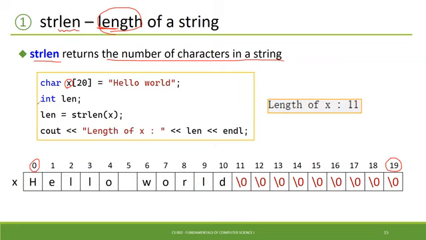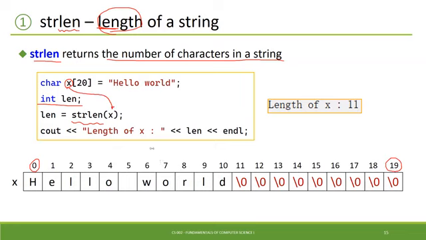I have one variable len, and you should know how to use a function. strlen is a predefined function for strings, the string length function. So this shows how to use it: strlen and the string name. Provide a string name.